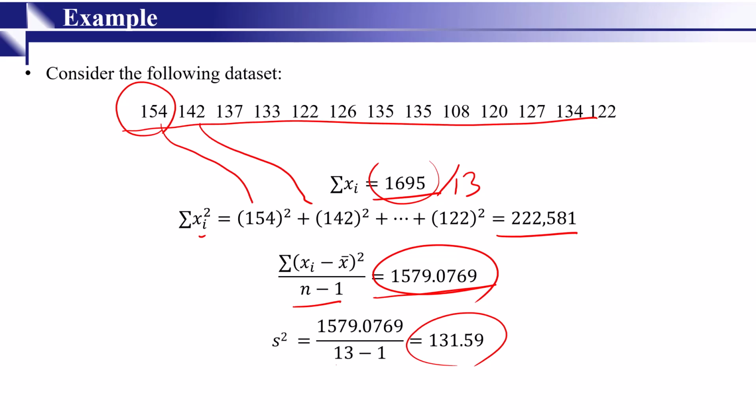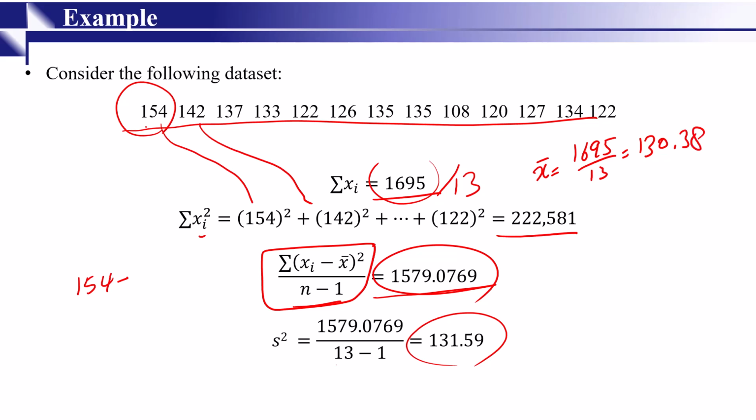So this is how we calculate. Again, I will explain. We need this value, right? So for this one, we will say xi, this one, 154 minus this one. What is the value for this? So here we calculate the x bar, which is 1695 divided by 13, which is 130.38.